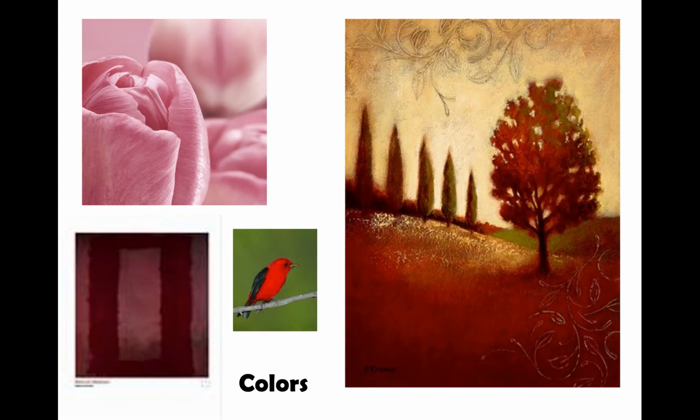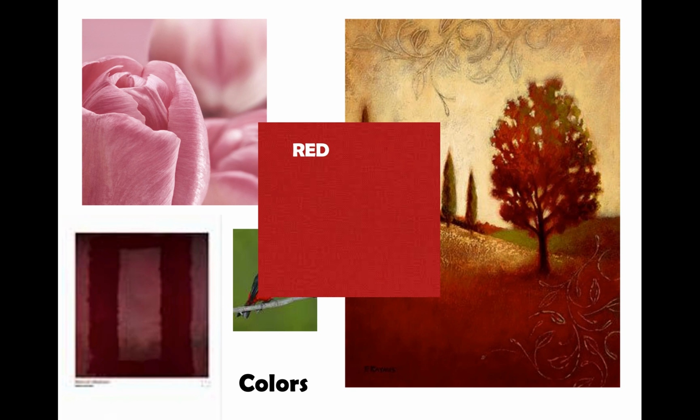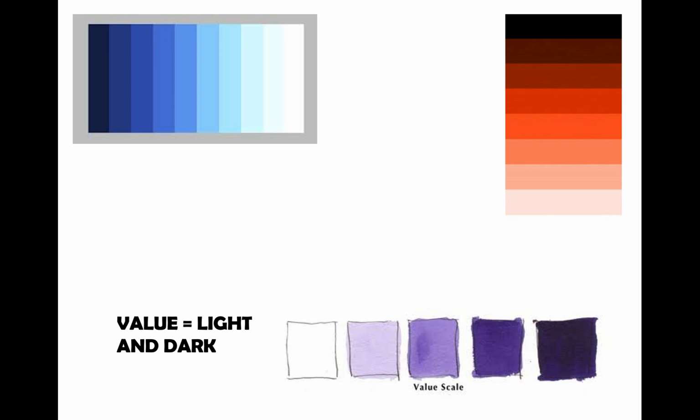But colors are the variations of hues. So there are relatively few hues, but there can be an almost unlimited number of colors. Here we see pink, rose, scarlet, maroon, and crimson. These are all, of course, colors from the hue of red. I hope that clarifies hue and color.